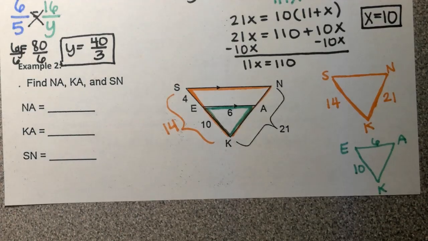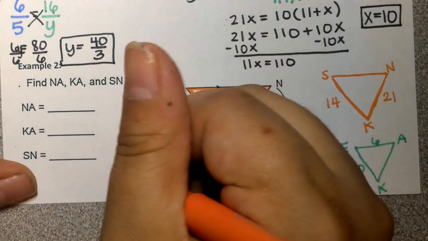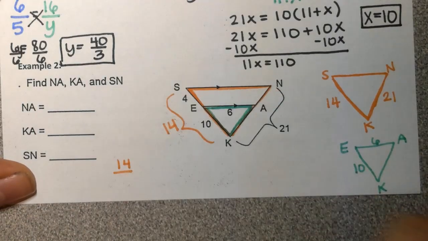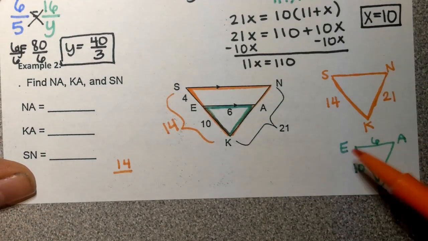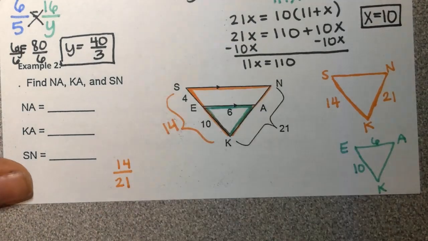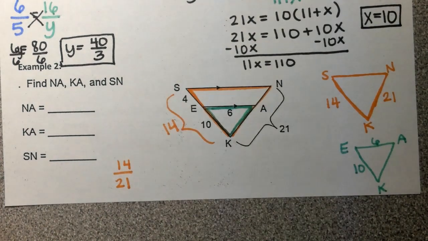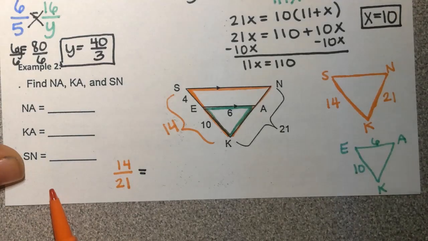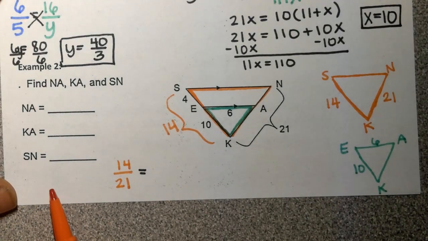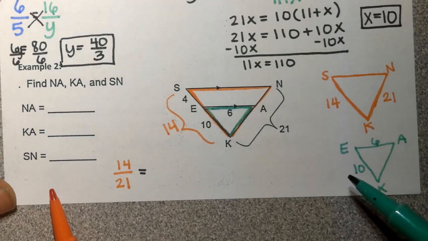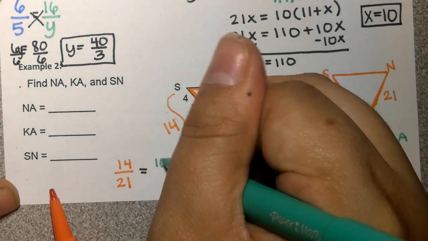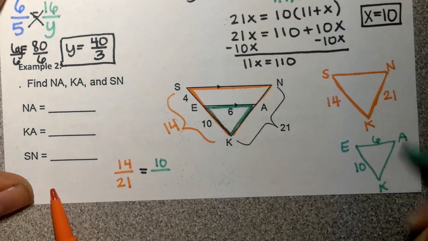Now that you see this as 2 different triangles, can you see how to set up a proportion here? What do I know about my orange triangle? I have 14 and I have, no, big triangle, 21. What about my little triangle? I have 10 and I have, you can put X, you can put KA, you can put whatever you want.